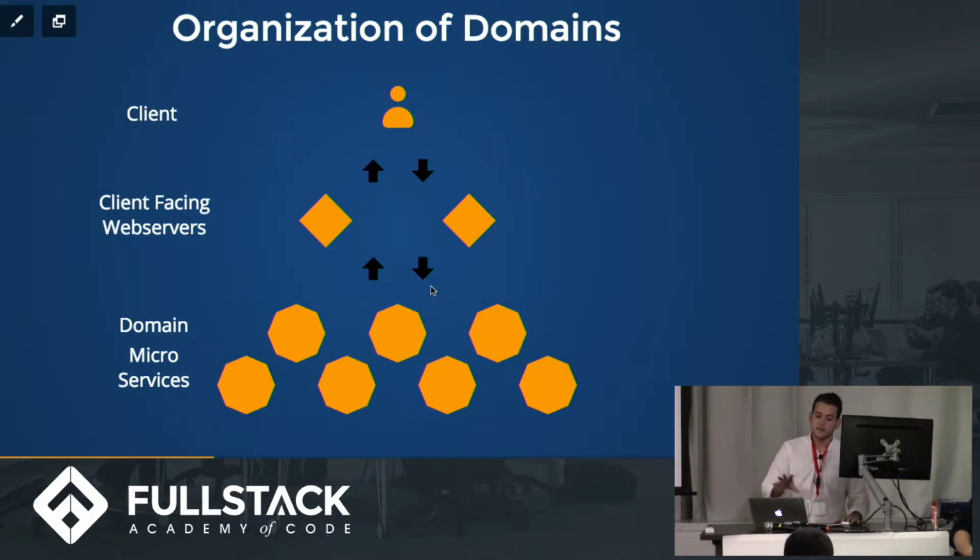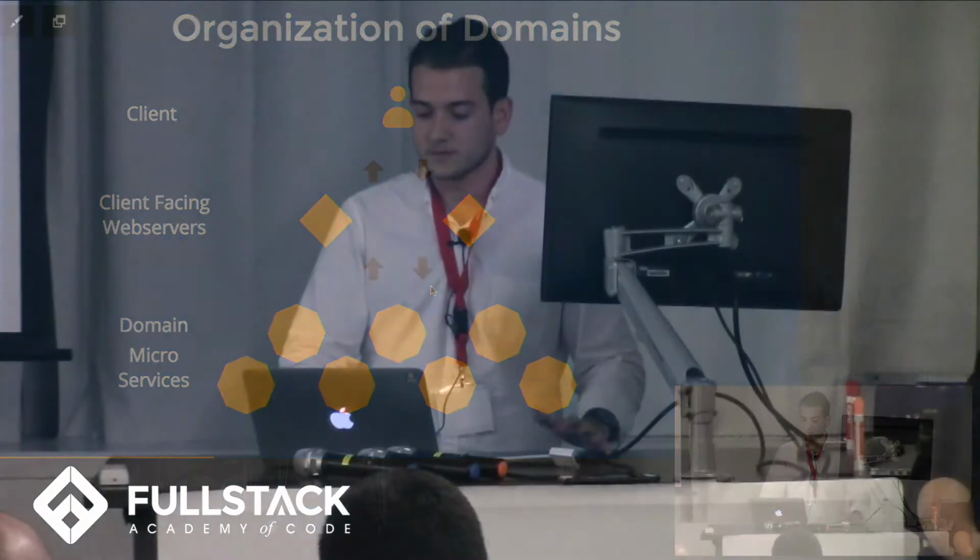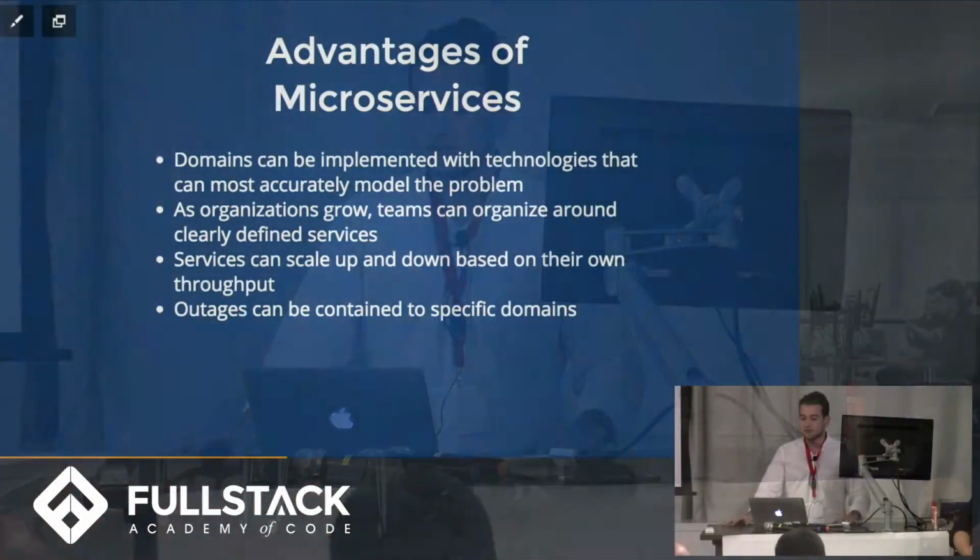The message passing comes into play in between the client-facing web servers and the domain microservices. This is an overall general view of a microservices system. We're going to go into some advantages and disadvantages of microservices.